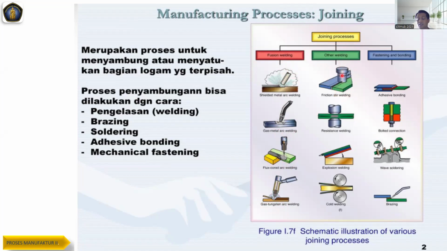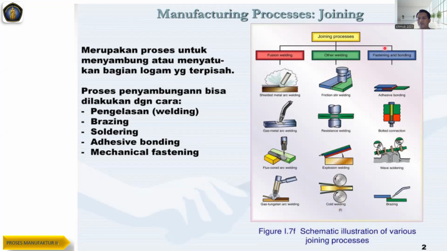Here the heat is derived from the rotation of the metal, and all kinds of welding here can produce the heat input, and then the metal will be molten. Resistance welding works by electricity, explosion welding by explosion, cold welding like rolling.